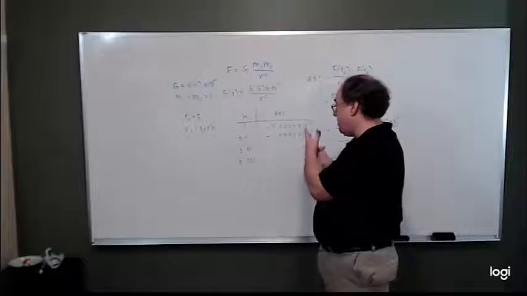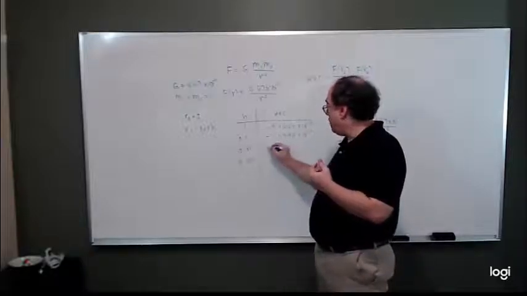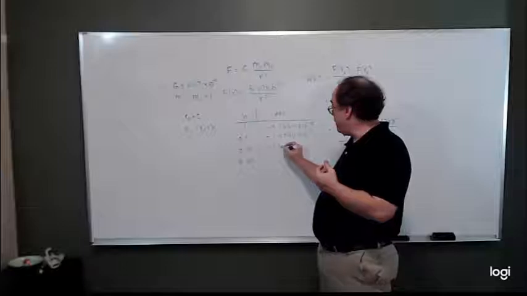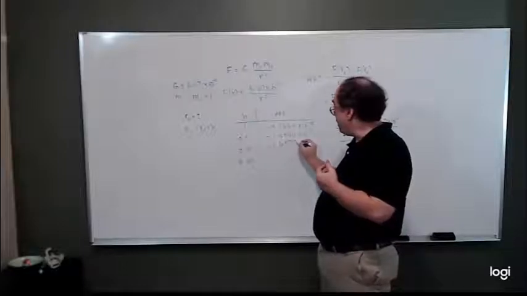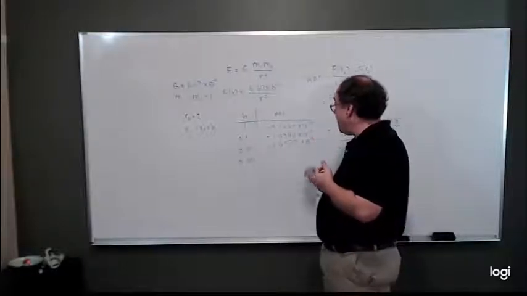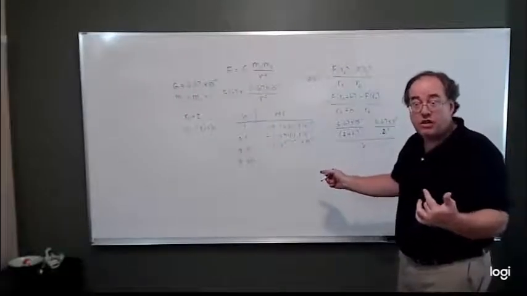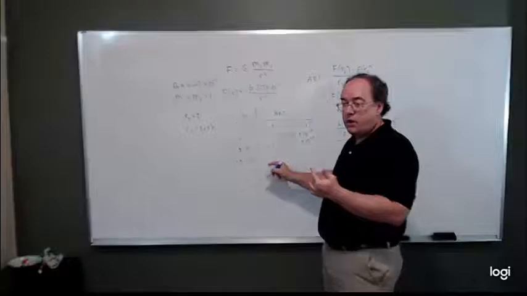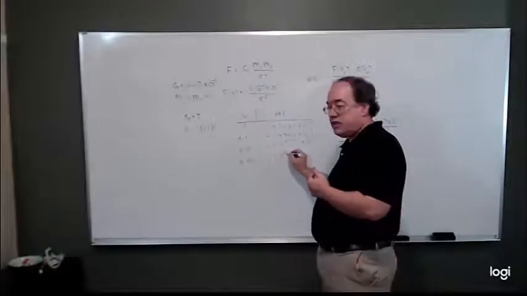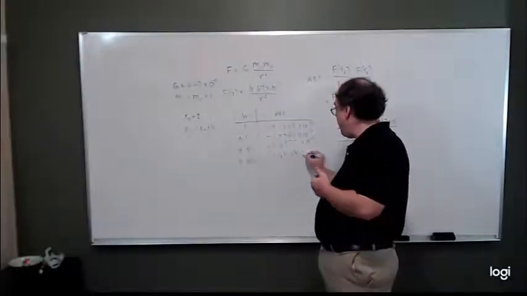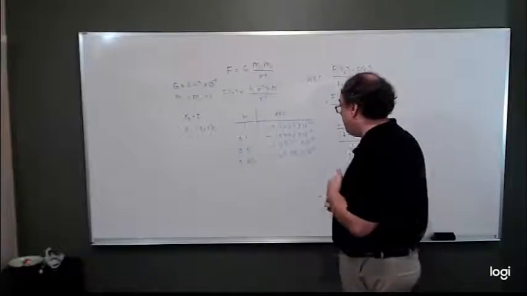There's a pretty decent sized difference there. Next, negative 1.6577 times 10 to the negative 11th. Now it's settled down. You notice the exponent has stopped changing. Now I've got one more: negative 1.6458 times 10 to the negative 11th.